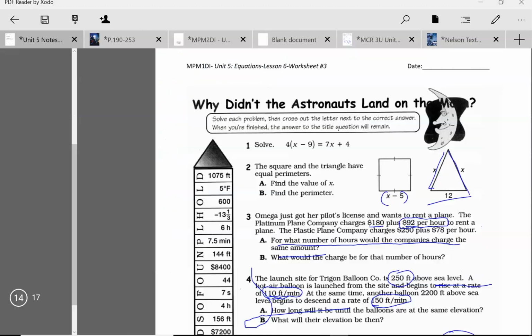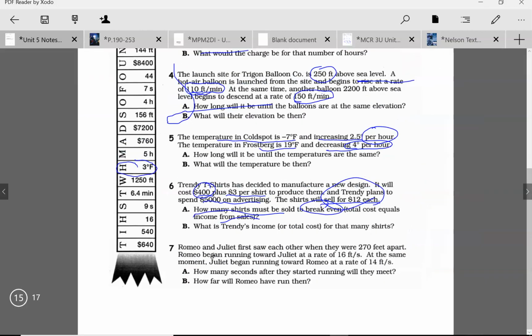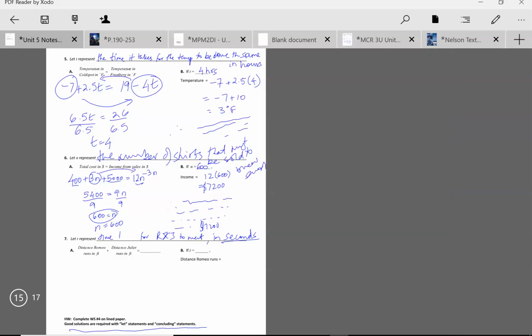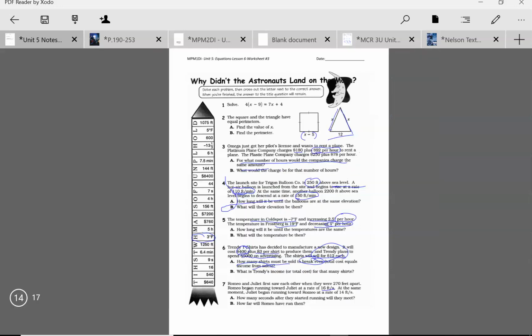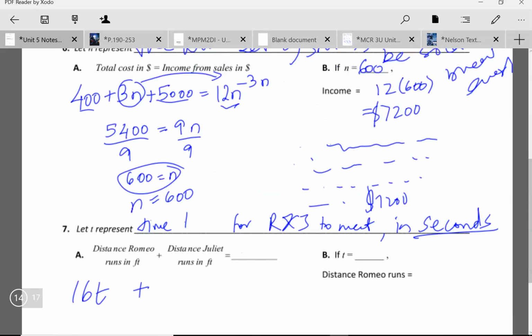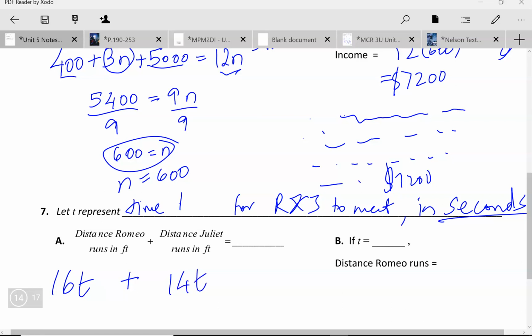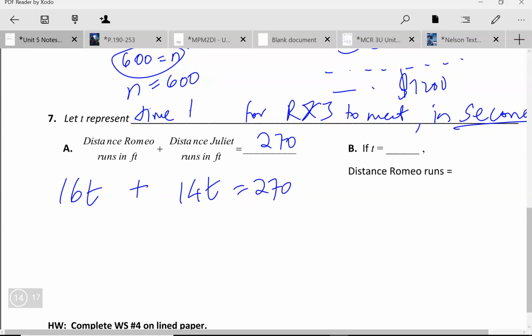The distance that Romeo runs is going to be 16 feet per second, so 16 times t, plus the distance Juliet runs. Juliet is running at 14 feet per second, so 14 times t. And we know that the total distance they both ran before they met was 270 feet. So both of those added up are going to give me 270.